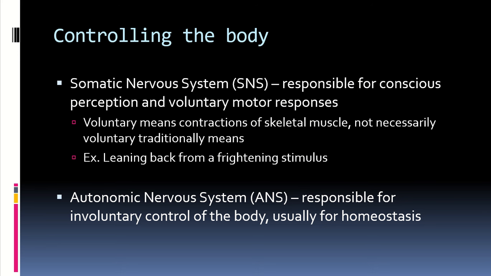You didn't force yourself to move backwards from that frightening stimulus, but your somatic nervous system did interpret the information to do that voluntary motion, that voluntary motor response. So that is still considered voluntary motion, but not necessarily that you yourself chose to do.